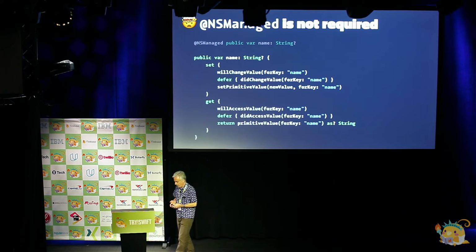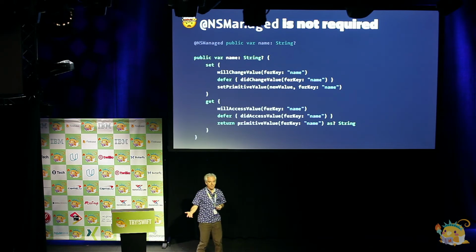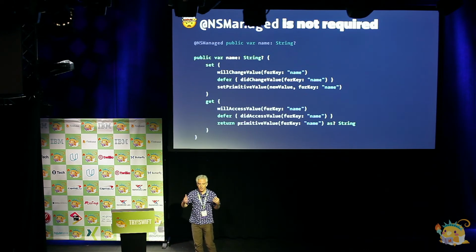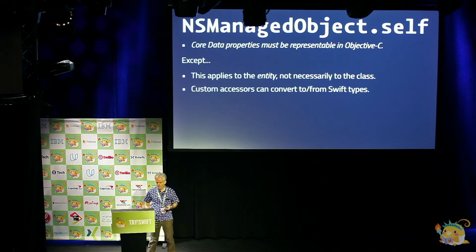On the one hand, this looks like ugly boilerplate code, but it's a useful thing to have in your pocket because it means that you can use whatever types you want, and as long as you can map that to something Core Data understands under the hood, then you're good.